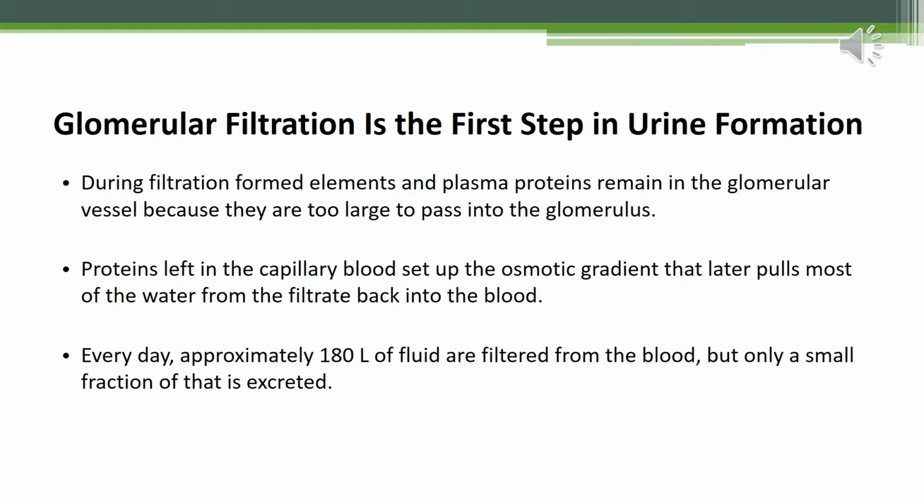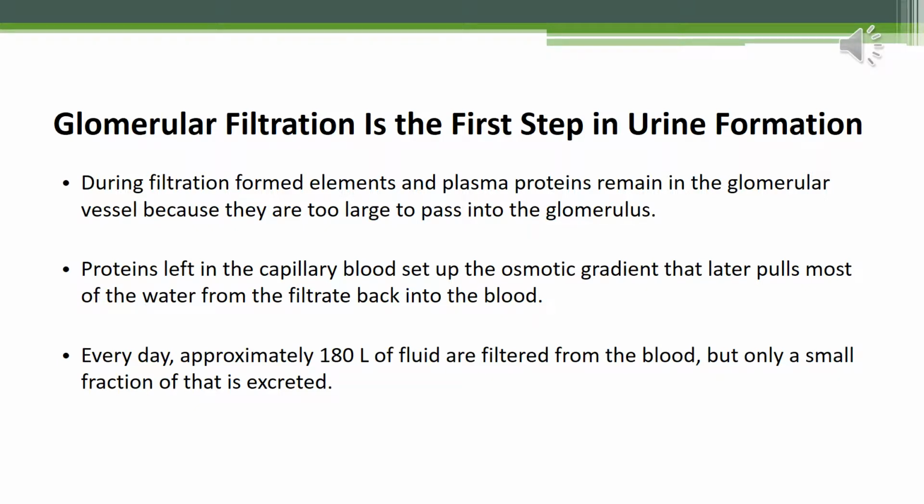So probably the best way to sum up how glomerular filtration works is that it is nearly completely dependent on pressure. During this filtration, the formed elements or blood cells and plasma proteins remain in the glomerular vessel because they are simply too large to pass into the glomerulus itself. And when they're talking about this vessel, they're just talking about the convoluted blood vessel within the actual glomerular capsule.